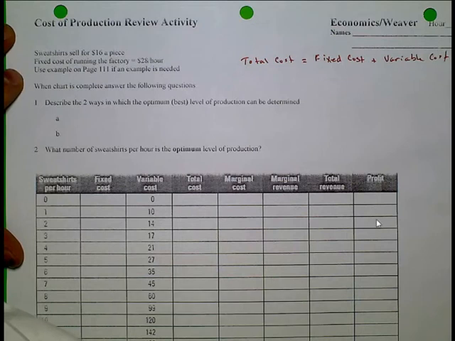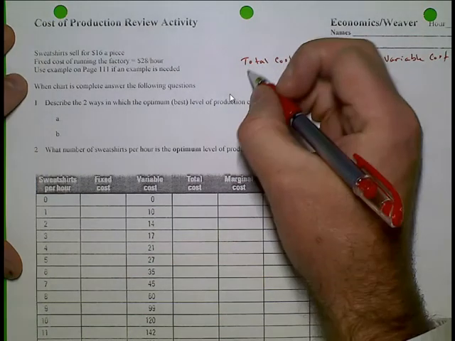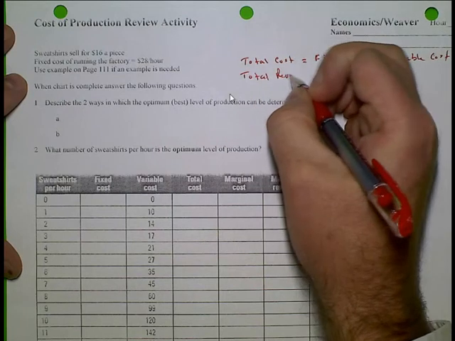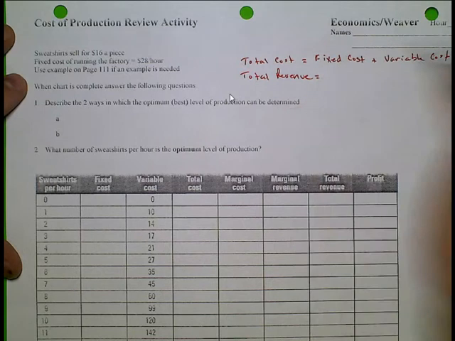So this is one that you might want to put a star next to as something to put in your studying. We also need to know how to calculate total revenue. Total revenue, how do we calculate that?